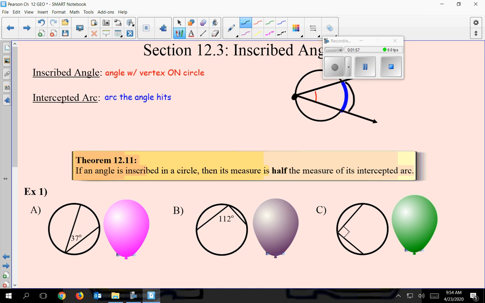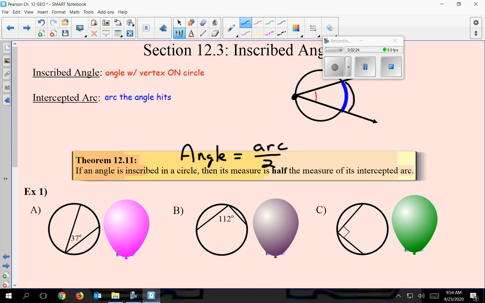My angle is going to be equal to the arc divided by 2. That's basically what the theorem is saying. So if you have an arc and you want to use that to get the angle measure, you take the arc divided by 2. That gets you the angle.